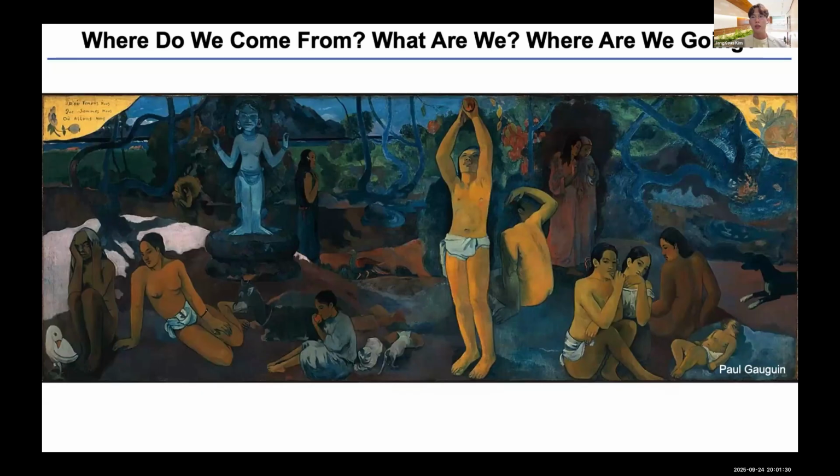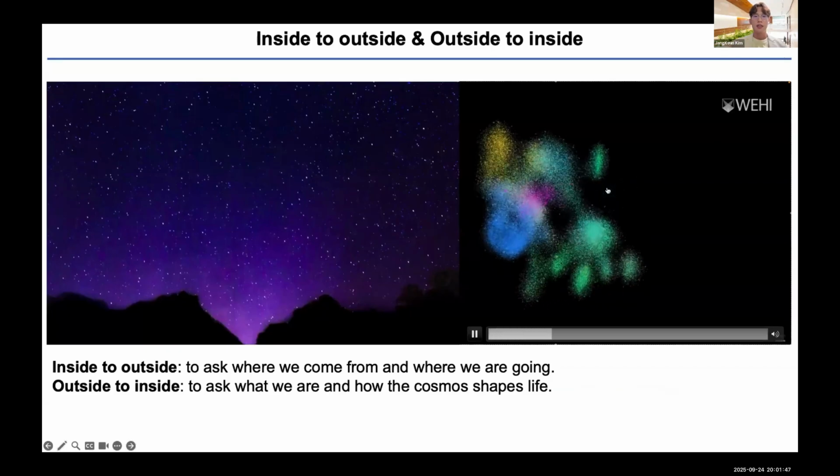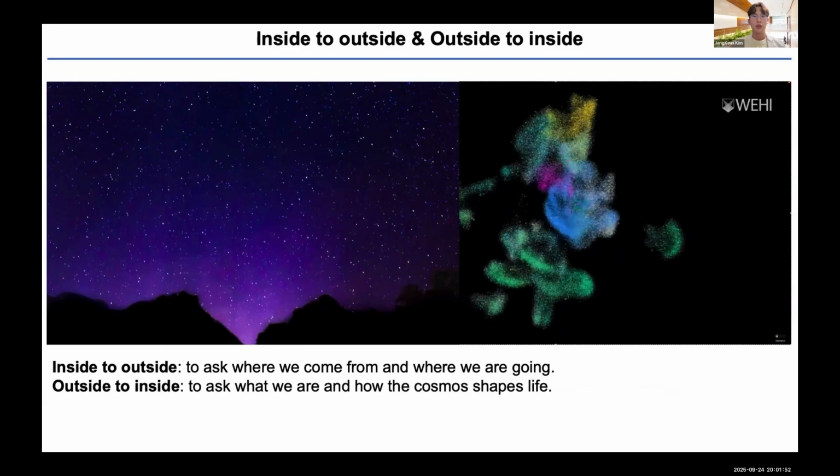Over the generations and over humanity, there has been a continued question: where do we come from, what are we, and where are we going? For me, it was the stars in the sky and seeing the light, two things directly linked to these questions.